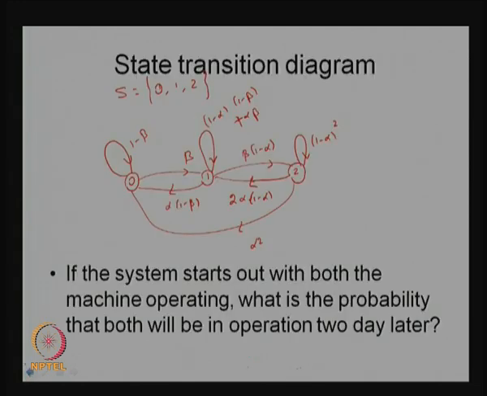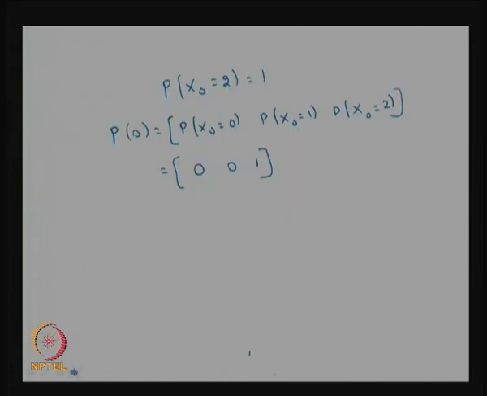Now, the question is: what is the probability that both will be operating 2 days later? We can convert this into: what is the probability that at the second step the system will be in state 2, given that the system was in state 2 at the 0th step?